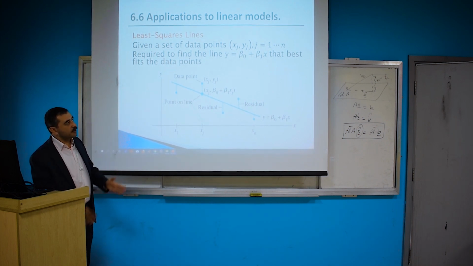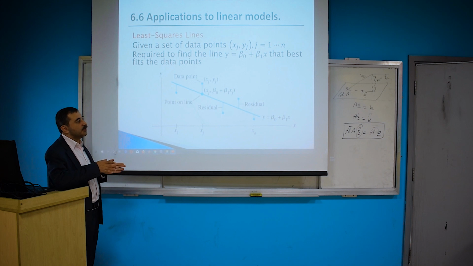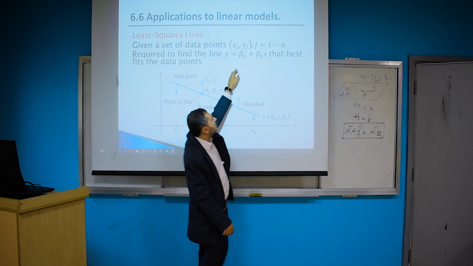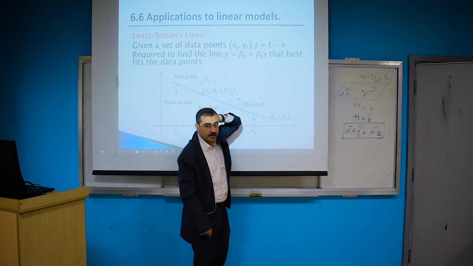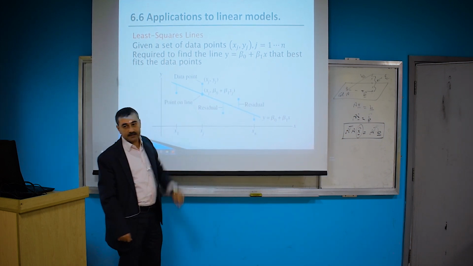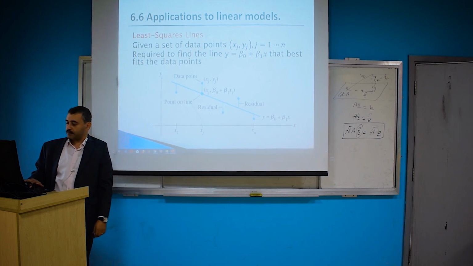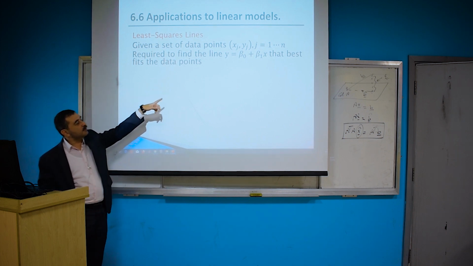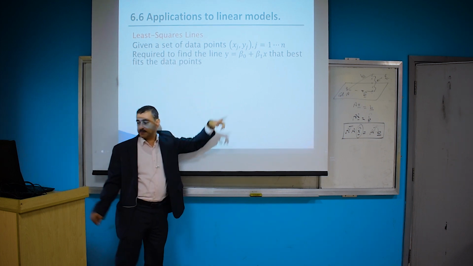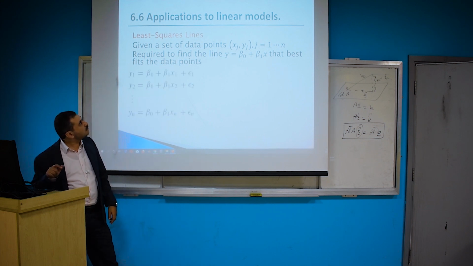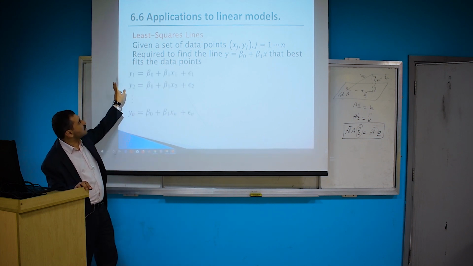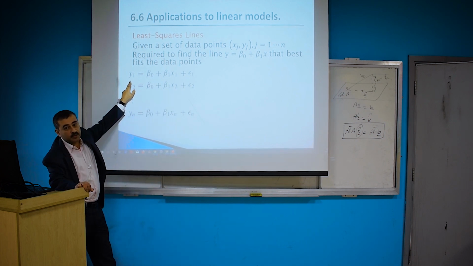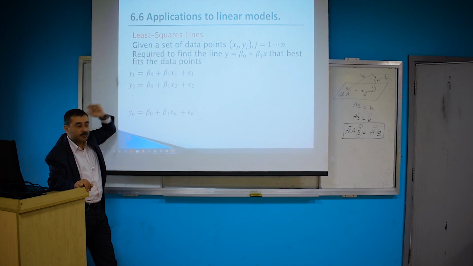So you'll have a table of points x and y, and you want to get the best value for beta naught and beta 1 to get the straight line. Okay, so let's take our points and try to substitute in the equation of the straight line. You'll get something like this. When you put x1, you should get y1, but the point not necessarily to be on the line, so you'll get some error.